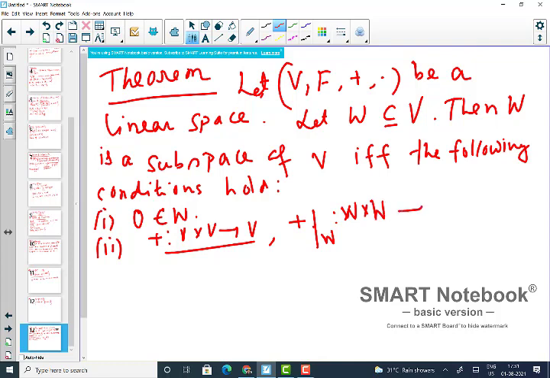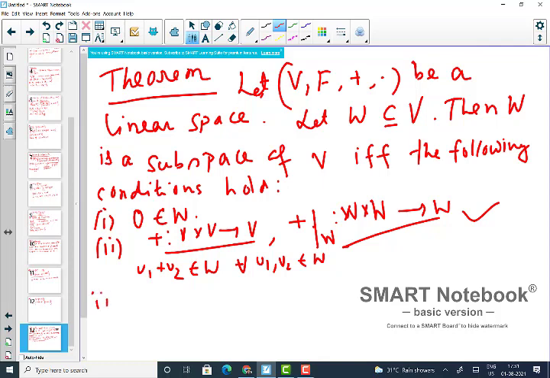If it is inside W, that means v1 plus v2 belongs to W for all v1 and v2 in W. You choose any elements, then the sum will again be an element of W.